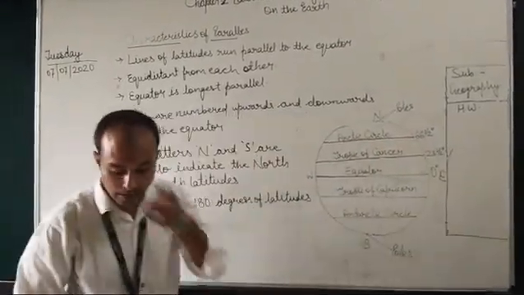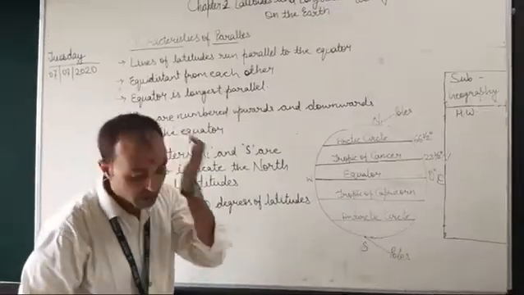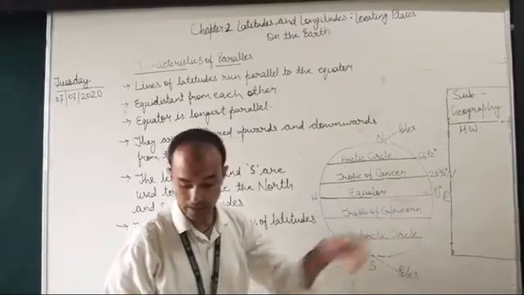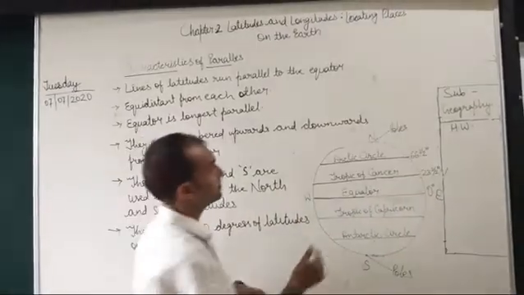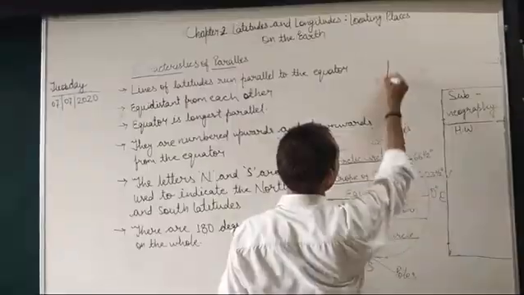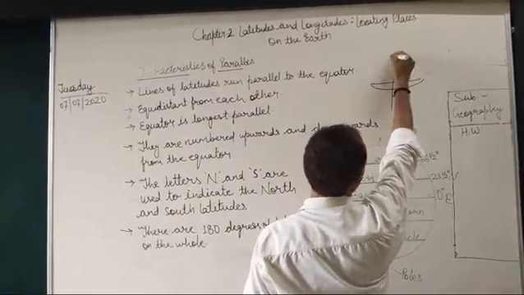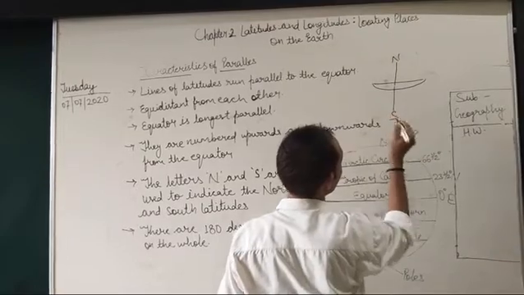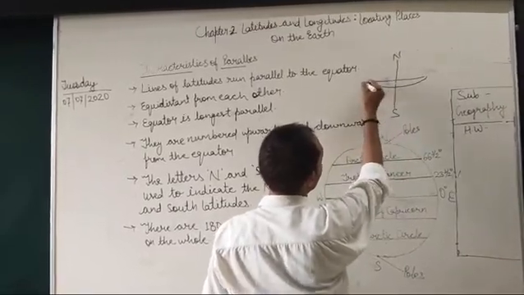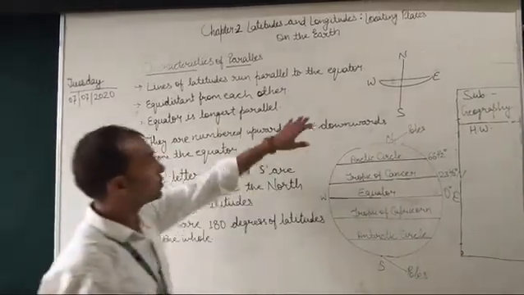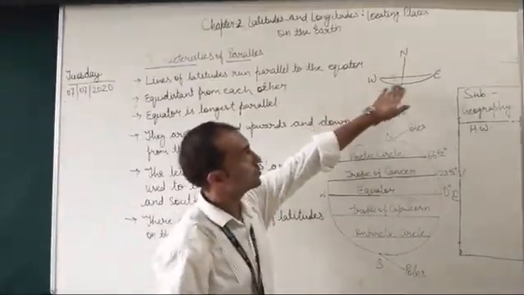These run parallel to the equator from west to east. This is actually the direction. As you know about the directions, this is north, south, west and east. So they run across west to east.